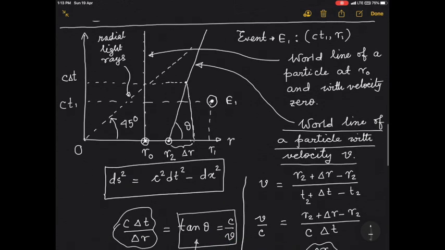We then discussed space-time diagrams. One event is a point in this diagram. The trajectory, or world line, of a particle at r equals r0 that doesn't move, with velocity 0, looks like this, and then the world line of a particle with velocity v looks like this.